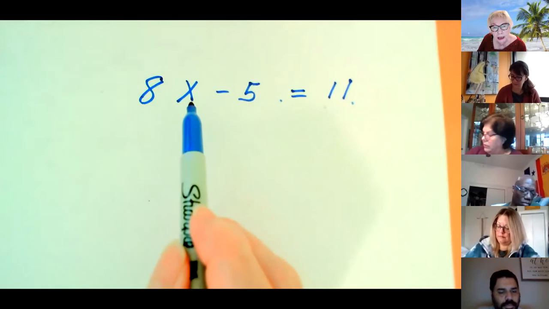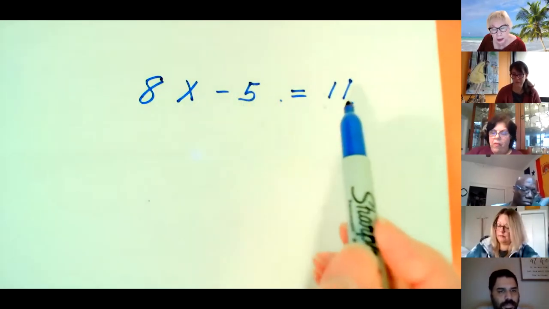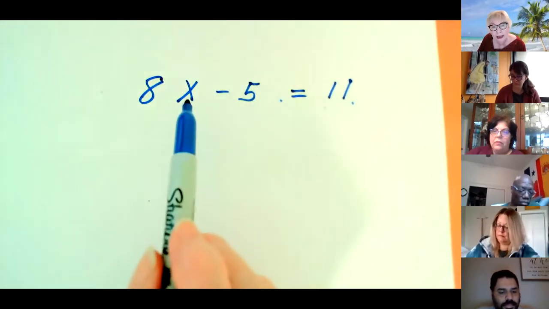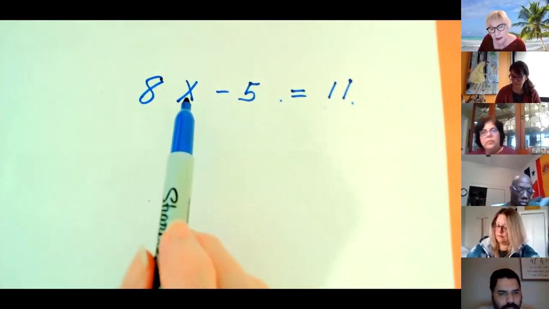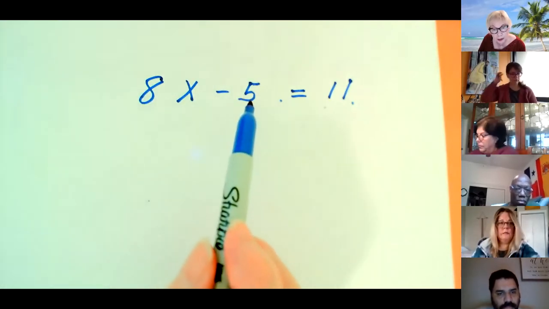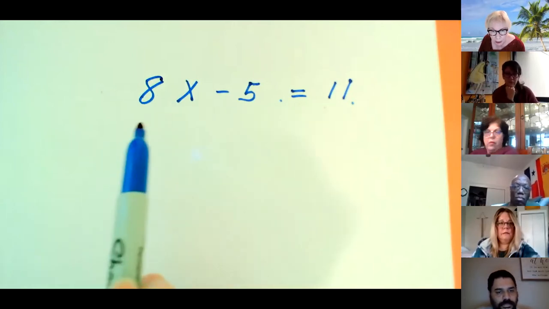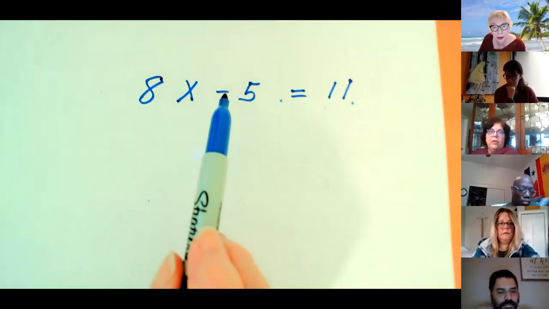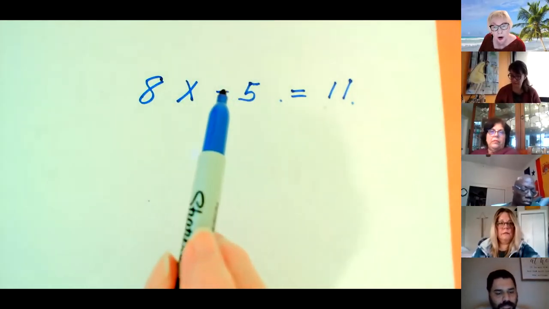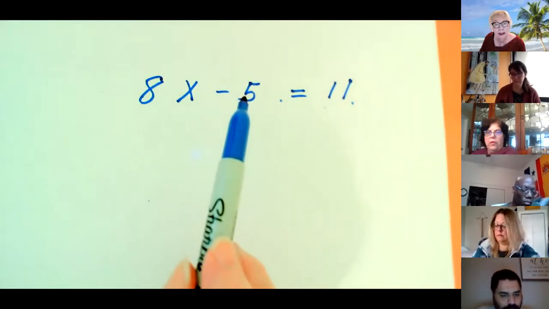This is 8 times x, subtract 5 is 11. I need to get x alone. There's 2 problems. There's the 8 and there's the subtract 5. This is a 2-step problem. And so what I need to do is move the single number off first. And so the subtract 5 is done first.